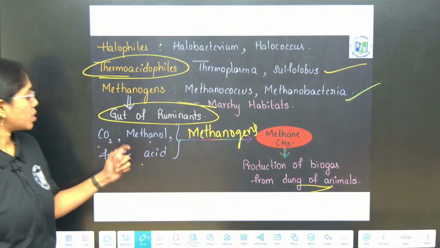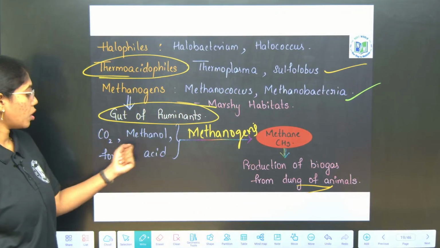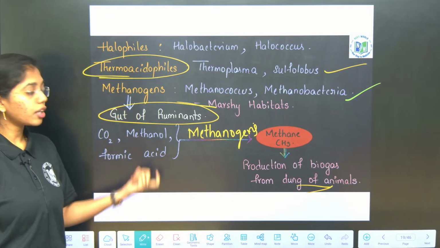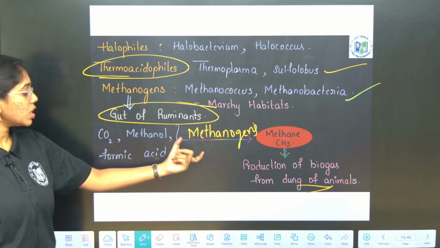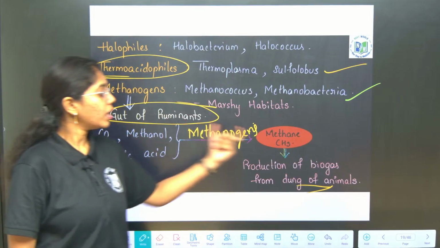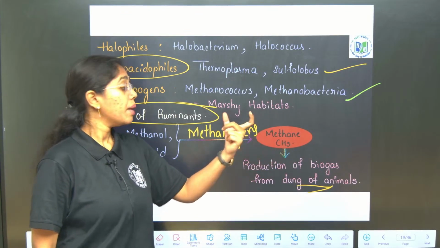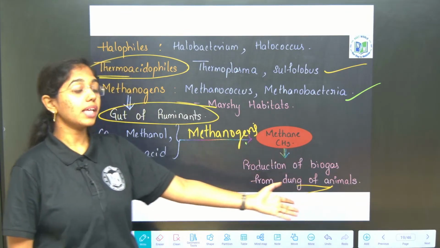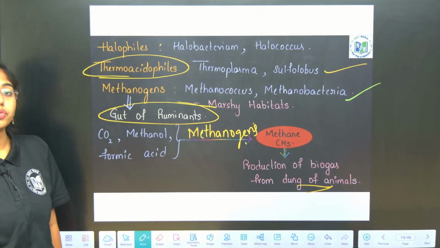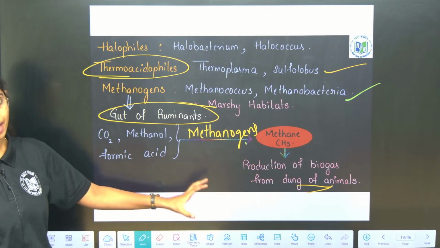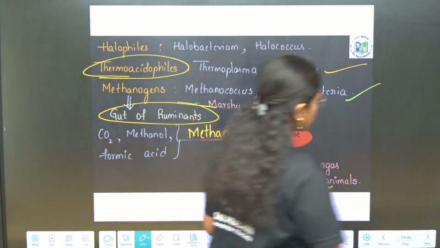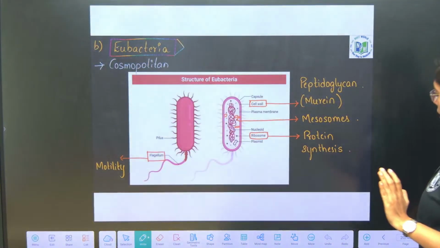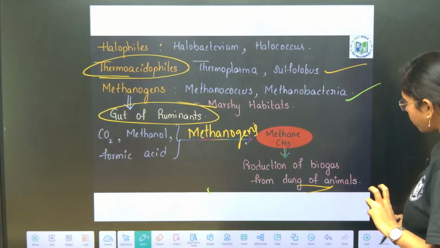From the raw substances like carbon dioxide, methanol and formic acid in the gut of the ruminants, methanogens act on this and convert it into the product, that is methane. Methane acts as what? Biogas. So, the production of biogas is from what? From the dung of animals. This is used as biogas. This is the complete description of Archaebacteria, beta.